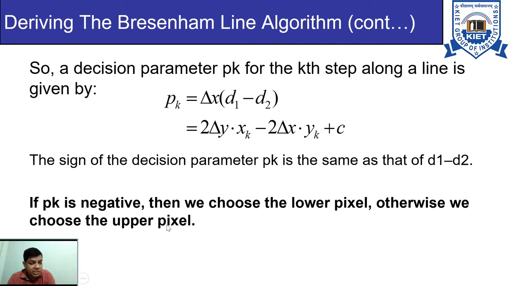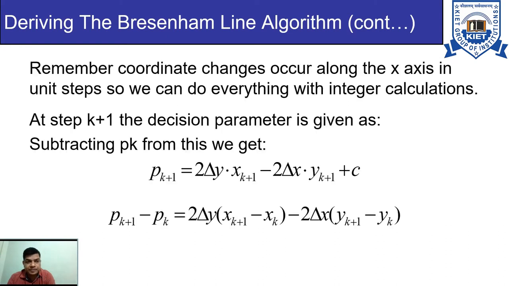Otherwise we choose the upper pixel, whose position is xk plus 1 comma yk plus 1. Remember, coordinate changes occur along the x-axis in unit steps, so we can do everything with integer calculations.